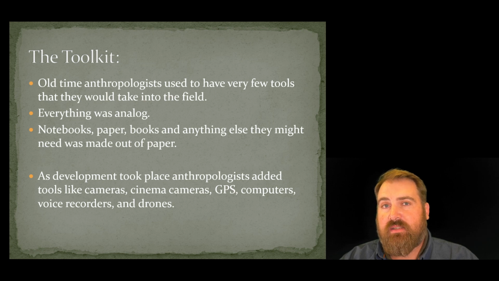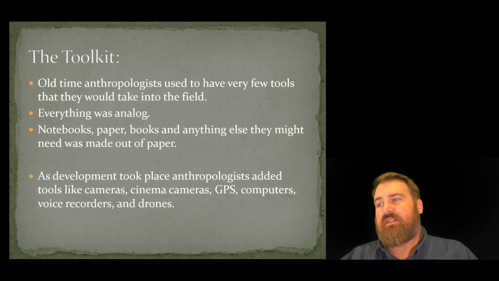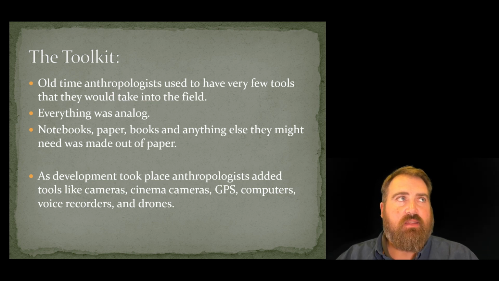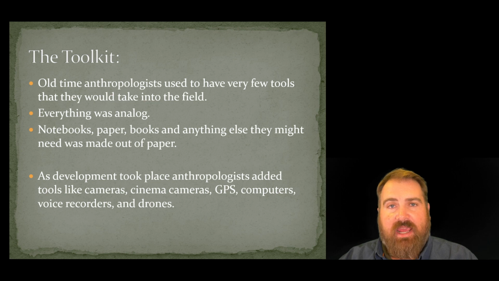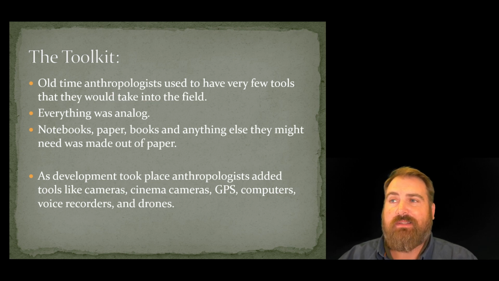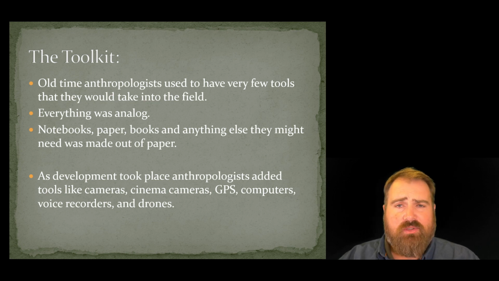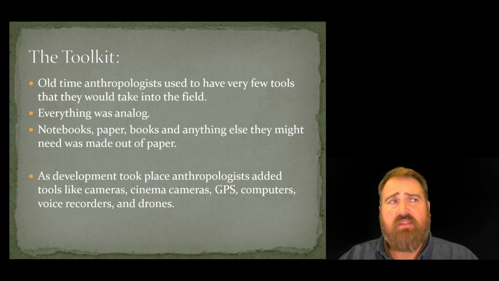The toolkit, right? So these are the things that you want to bring with you. If we look at sort of classic anthropology, we are oftentimes looking at the stuff that they would use, and it was always analog, right? What that means is that they needed pen and paper or pencil and paper. They needed notebooks. When the camera became something of use, they would bring their cameras. But old school cameras, it's not like a digital camera today where you can take 1,000 photos.